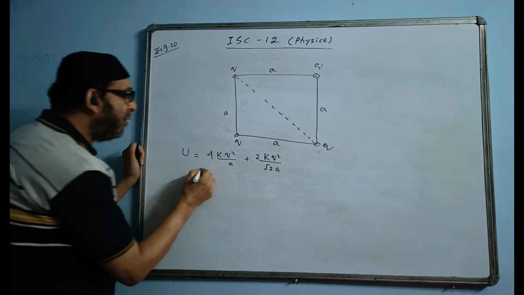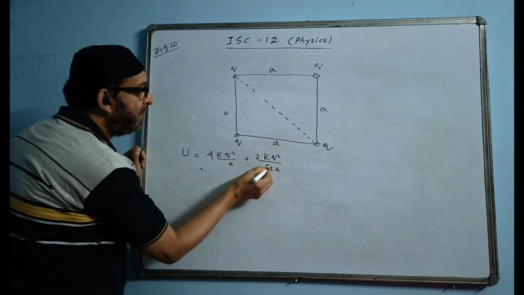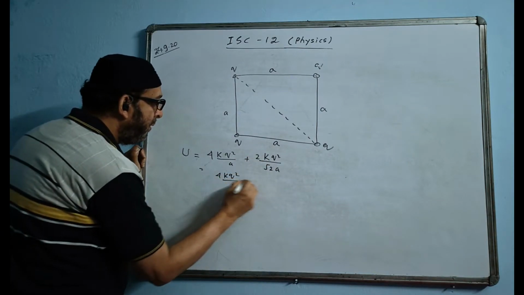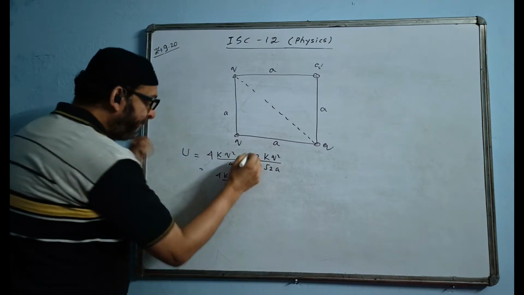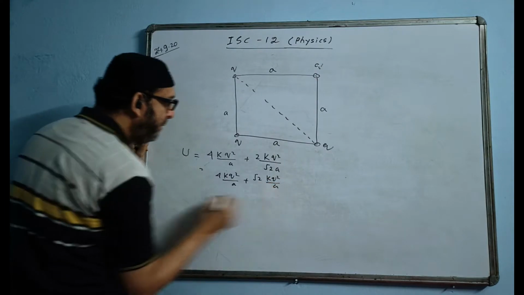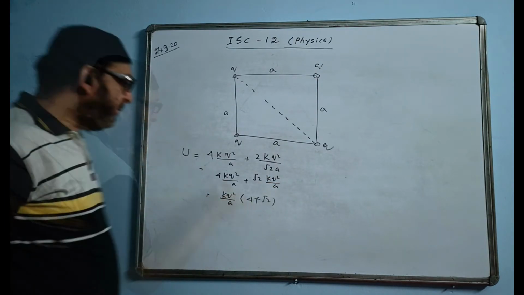Now we can take common and simplify. These two we can add: root 2 times, cancel once. Here you add 4 Q squared by A. This becomes root 2 K Q squared by A. You can take K Q squared by A as common.